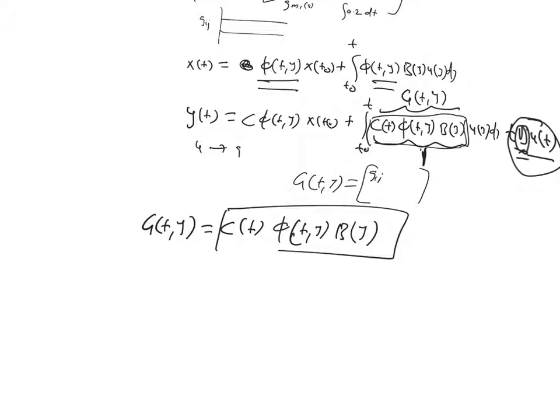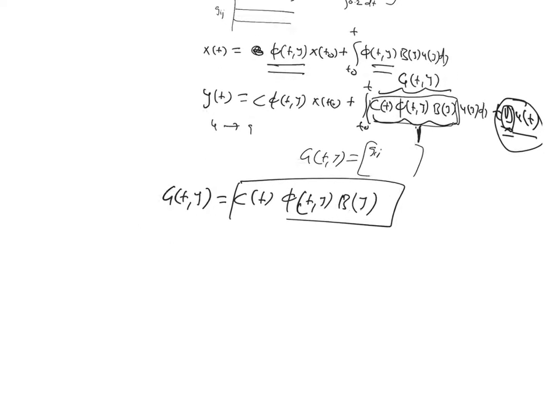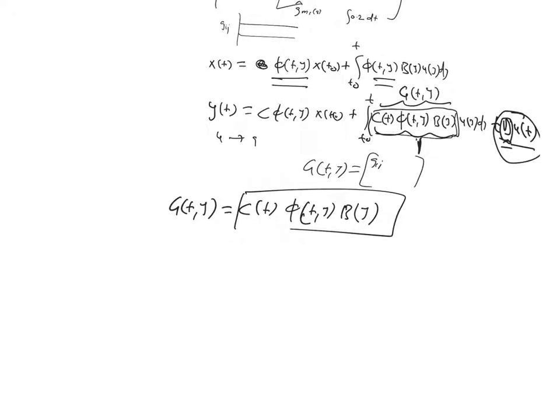And if you do the same thing for an LTI system, this becomes C e^{A(t - tau)} B.